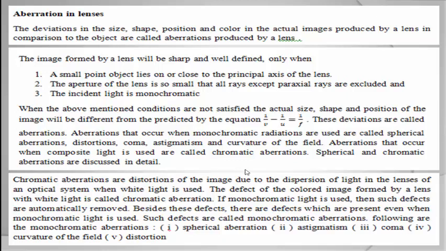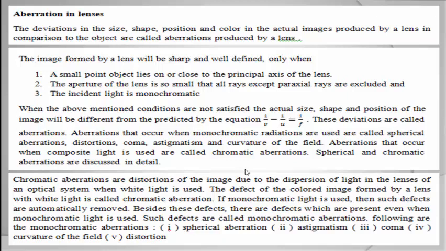The defect of the colored image formed by a lens with white light is called chromatic aberration. If monochromatic light is used, then such defects are automatically removed.